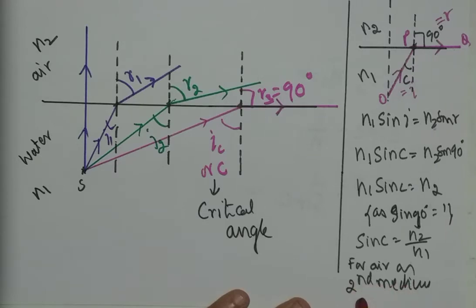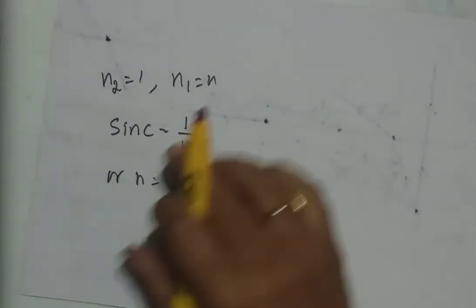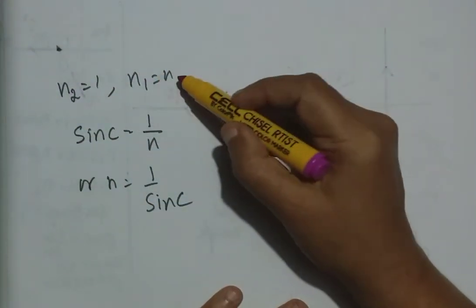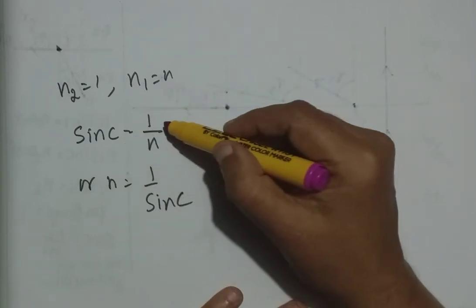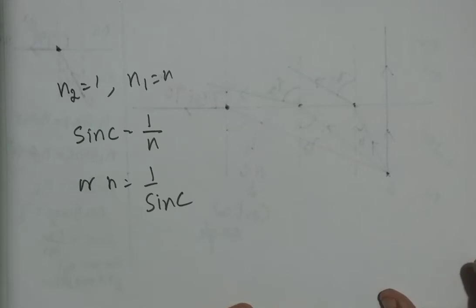For air as second medium, N2 is 1, N1 is N, sin C is 1 by N, N equals 1 by sin C. This is an important derivation.